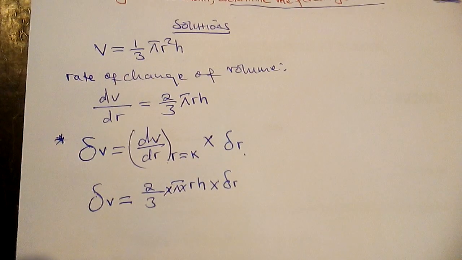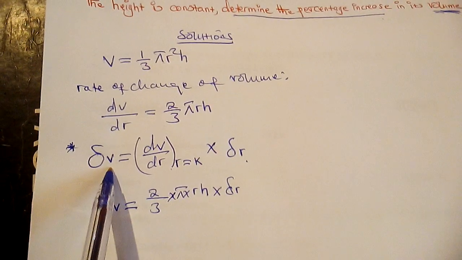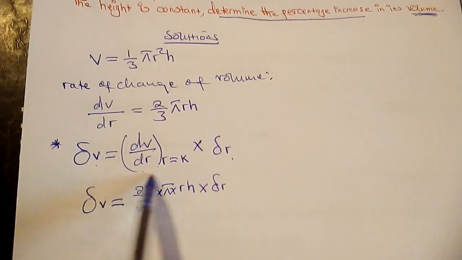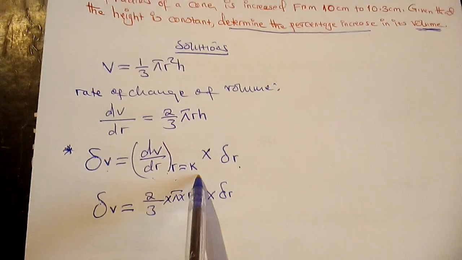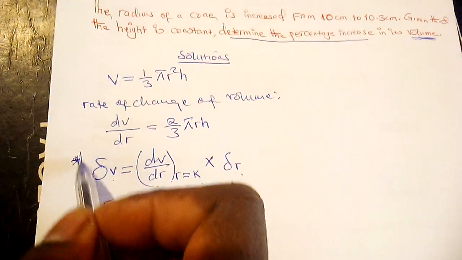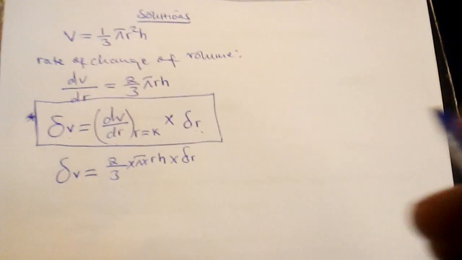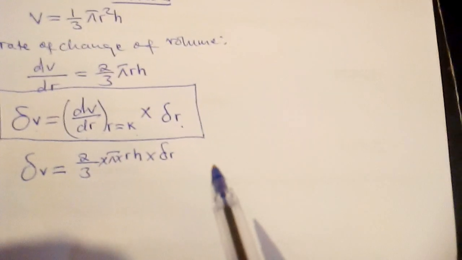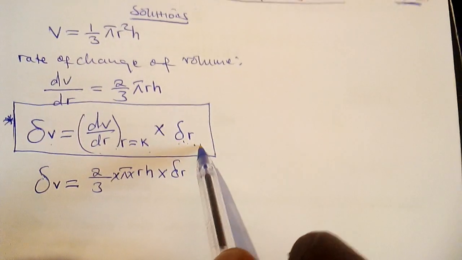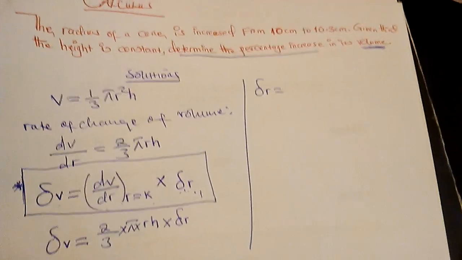It's important to mention here that change in volume is given by the formula dV/dr, where r is the constant, take note, times change in r. It's also important to take note of this very, very important formula, where we need to know what change in r actually is.